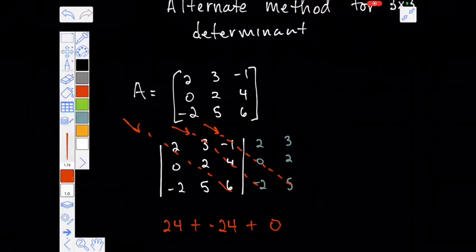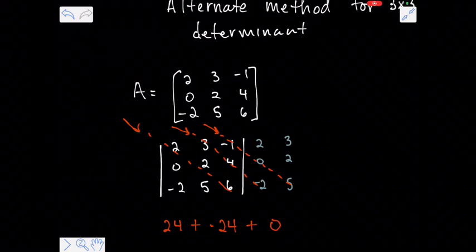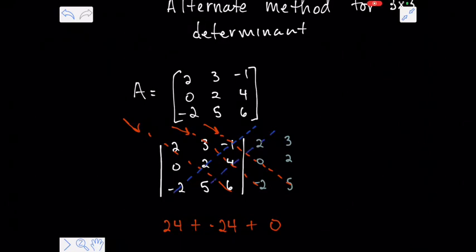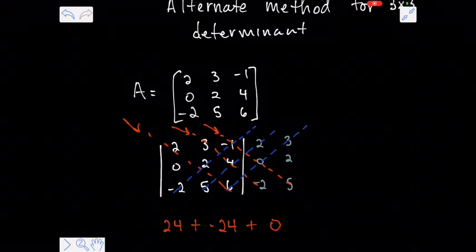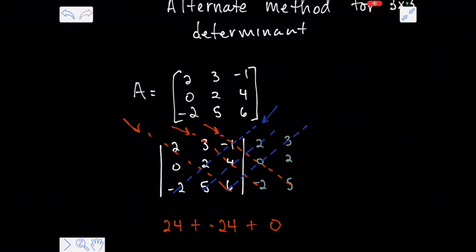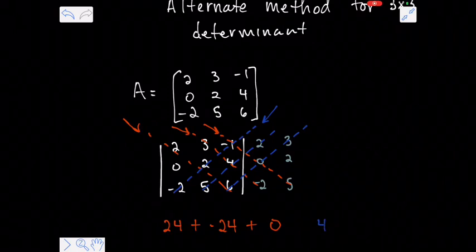Okay, now we find, going from top right now to bottom left, you find this product, and that product. So this one here is -1 times 2, which is -2. -2 times -4 is 4.